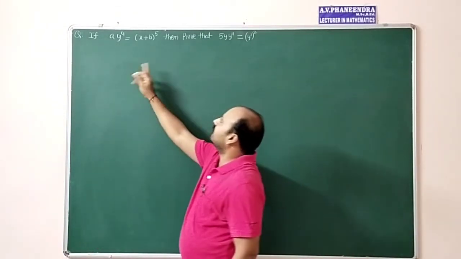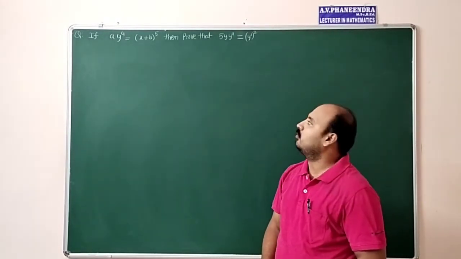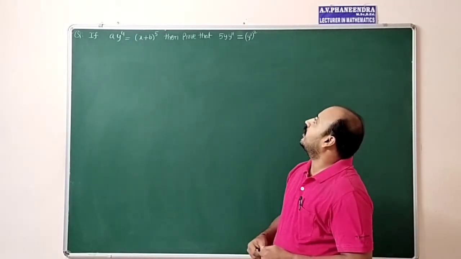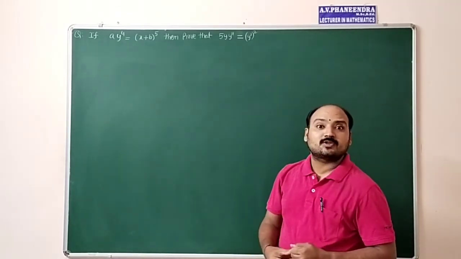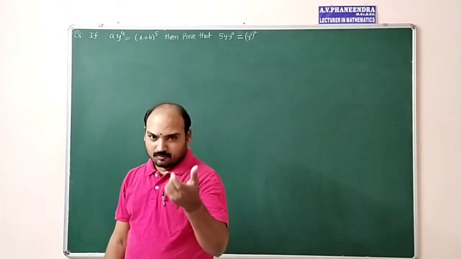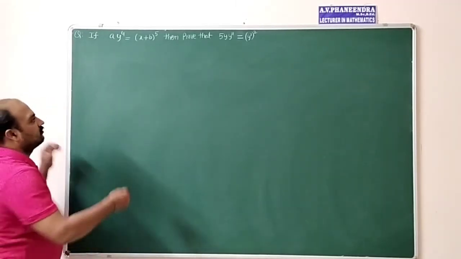If a y power 4 equals (x plus b) whole power 5, then prove that 5 y double dash equals y dash square. So first, from the given information, get the value of y.